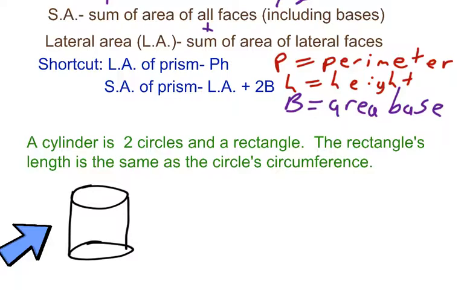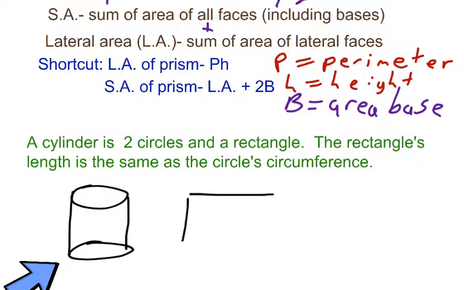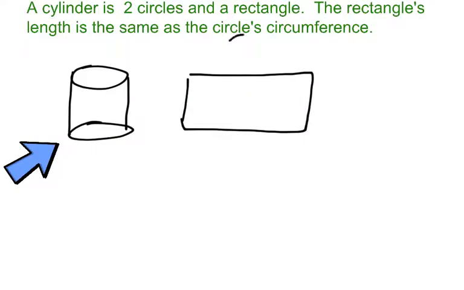Well, that curved surface, if we extend it out, think of like a soup label. If we extend out that soup label, it's going to make a rectangle. So if we unwind it, it's going to look like this. And then we still have that circle on top and that circle on the bottom.